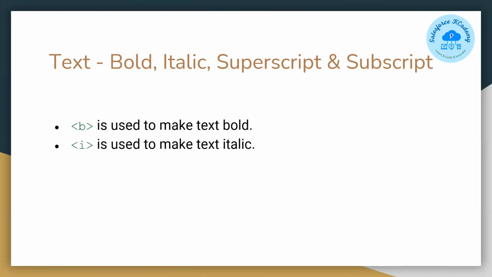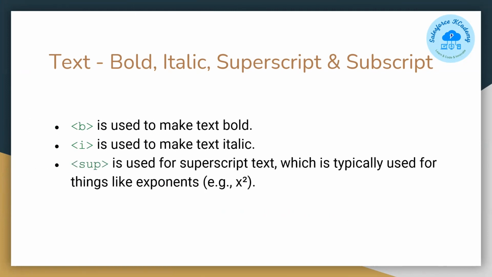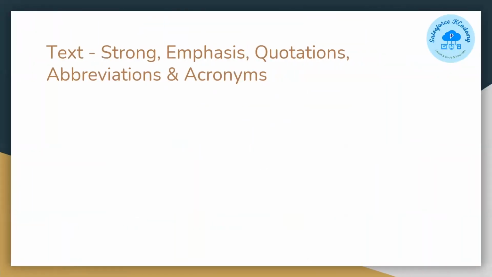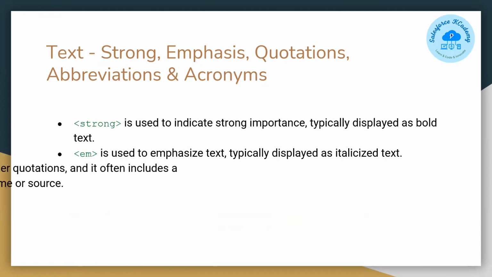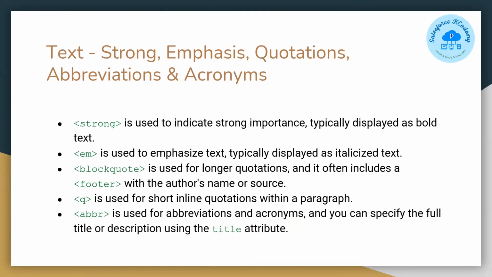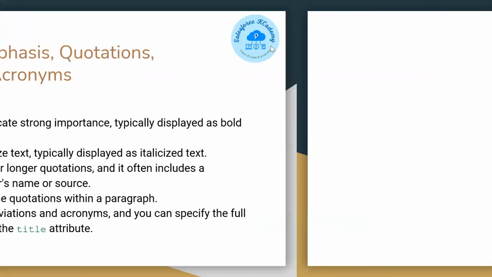So this B will be for bold, I for italic, sup for superscript, and sub for subscript. Then we have seen strong, emphasis, quotations, and abbreviations. These are the tags that are useful for strong emphasis, quotations, and abbreviations. We have even seen the examples.